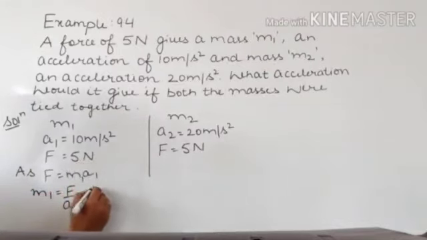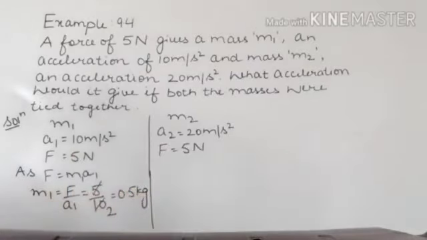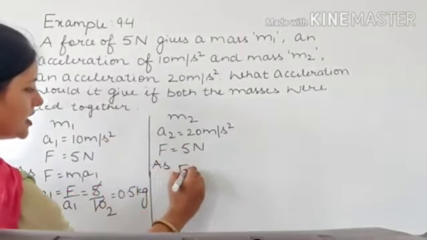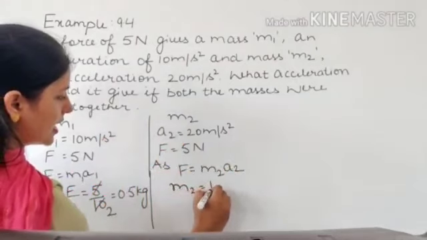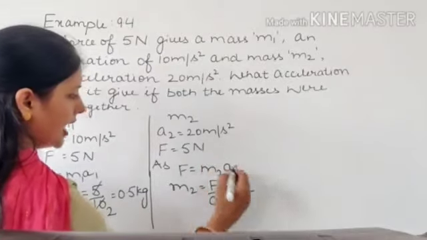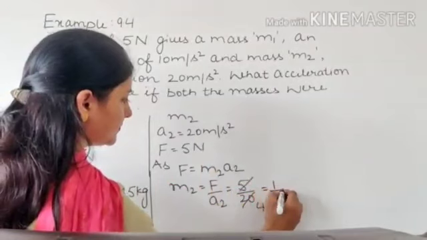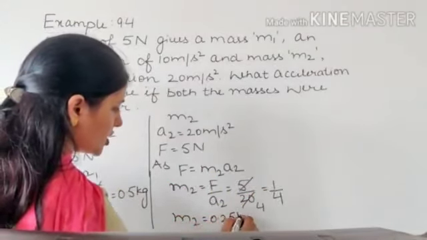F is 5, a1 is 10. 1 by 2, that means 0.5 kg. For mass m2, similarly as F is equal to m2 a2, then m2 is F divided by a2. F is 5, a2 is 20, that means 1 by 4 kg. 1 by 4 is 0.25 kg.